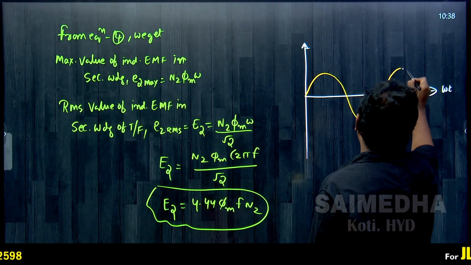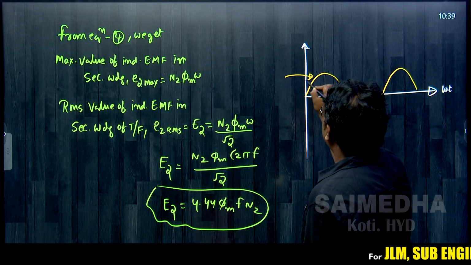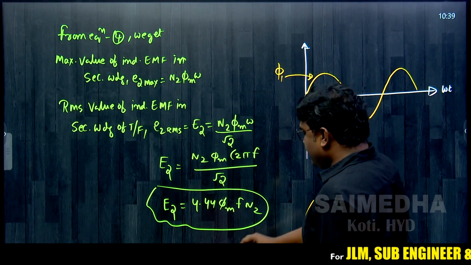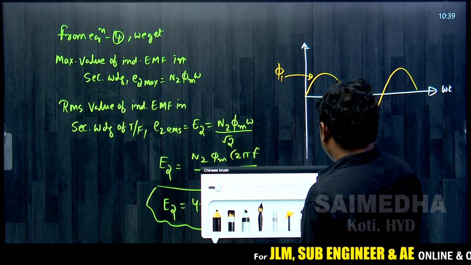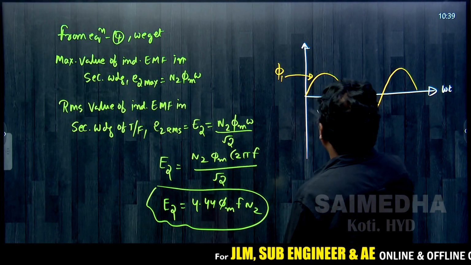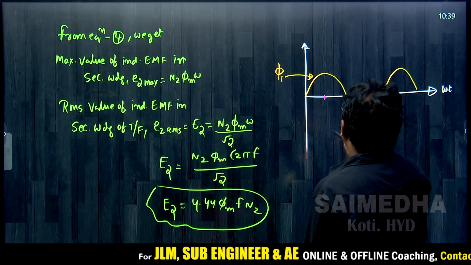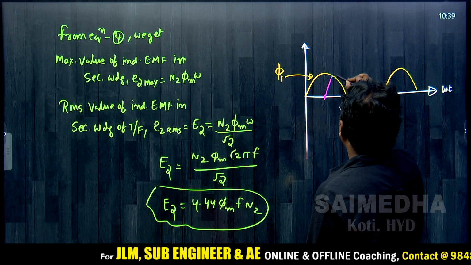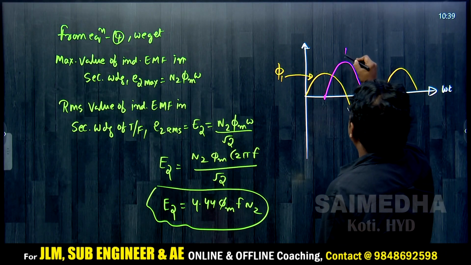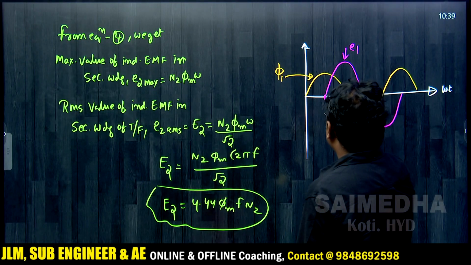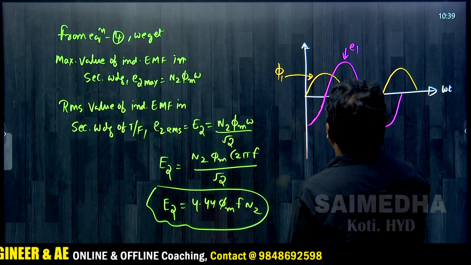And the EMF induced in the primary winding lags the flux by 90 degrees. So this is the EMF induced in the primary winding of the transformer, assume that it is E1.